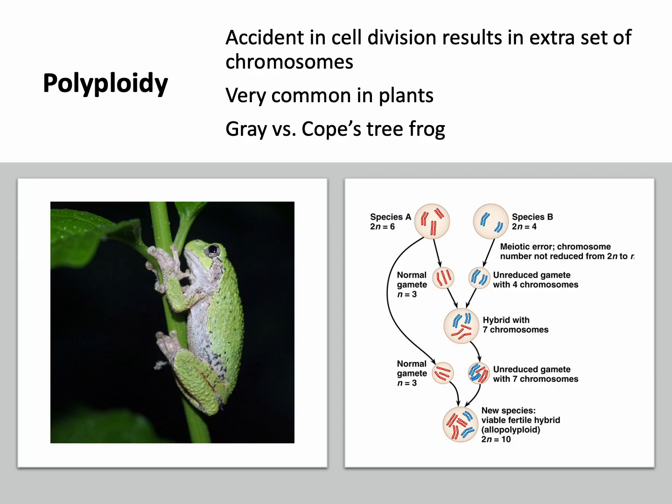The gray tree frog versus the Copes tree frog, which are found on the eastern side of the United States. Gray tree frogs tend to be a little more common, but at the end of the day, they're just a Copes tree frog that has extra chromosomes.